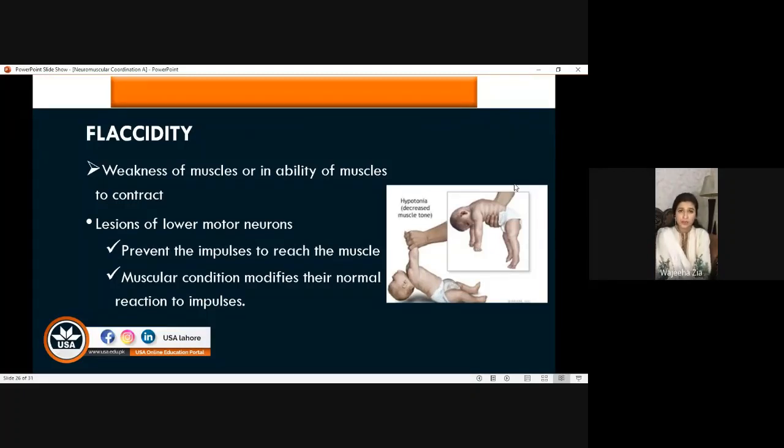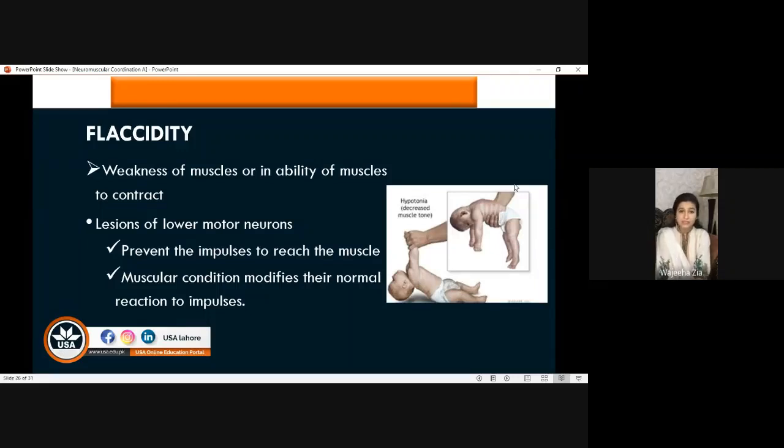In case of the foot drop, there is the injury of the sciatic nerve. The sciatic nerve injury leads to the weakness of the muscles, so there is the foot drop. All the muscles which are supplied by the sciatic nerve will become hypotonic. They will become weak. With this weakness, the person will not be able to perform any kind of activity.